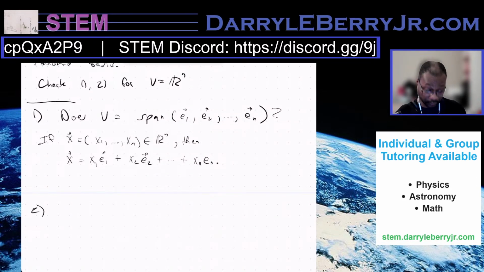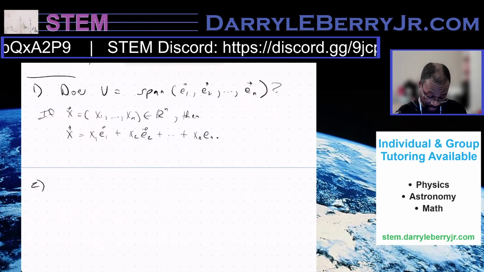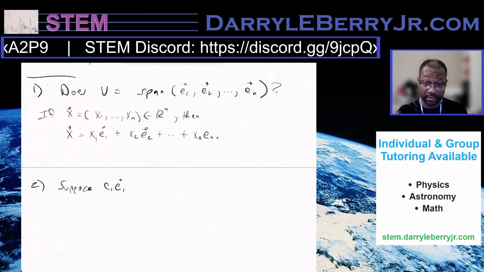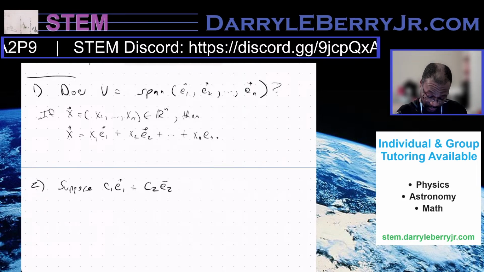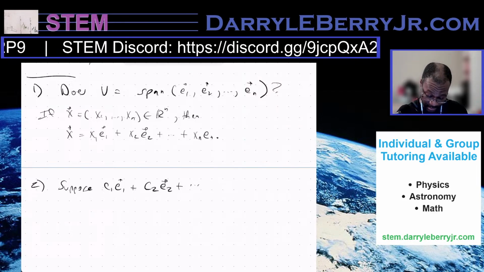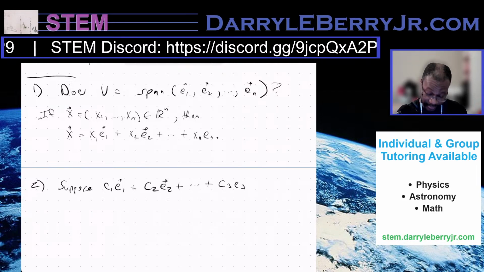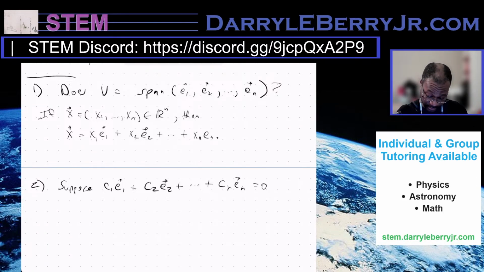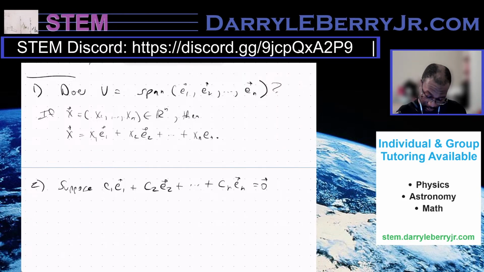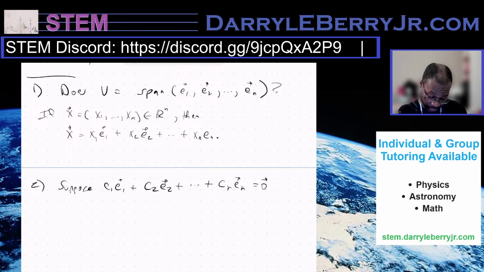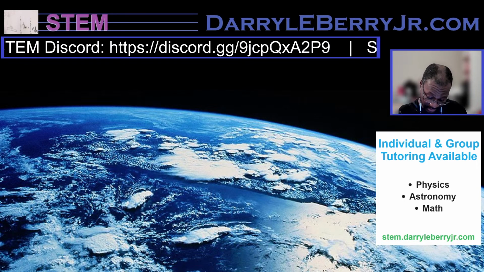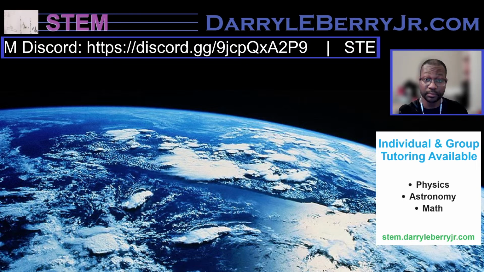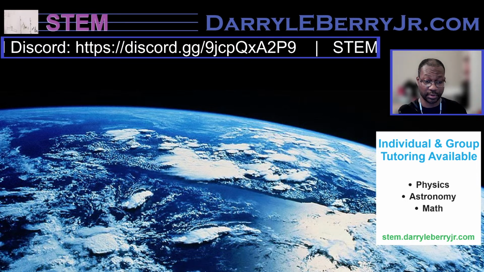And then for two, we can say, suppose C1 E1 plus C2 E2 plus C3 E3, let me make that through Cn En, equals 0. The only way for this to be true and be linearly independent. Hold up.